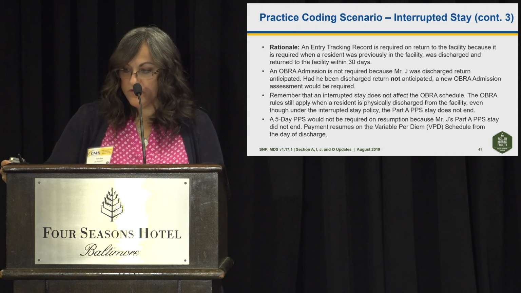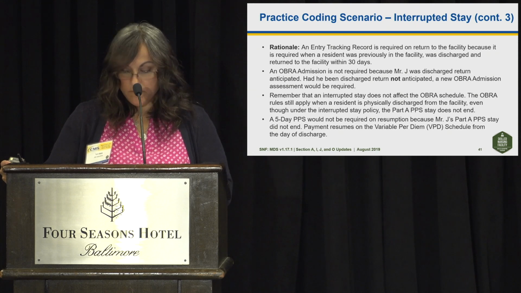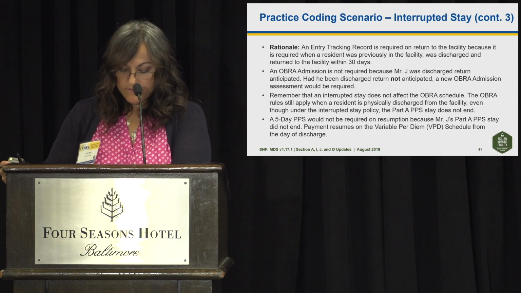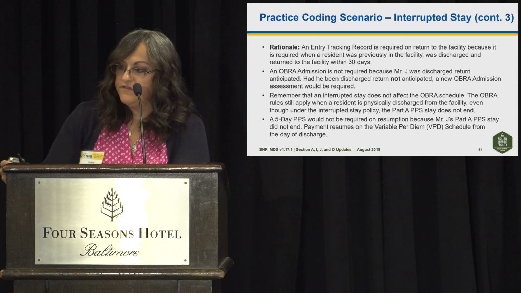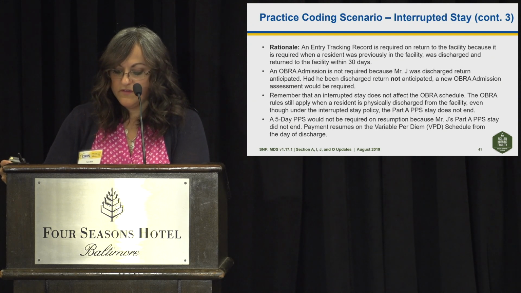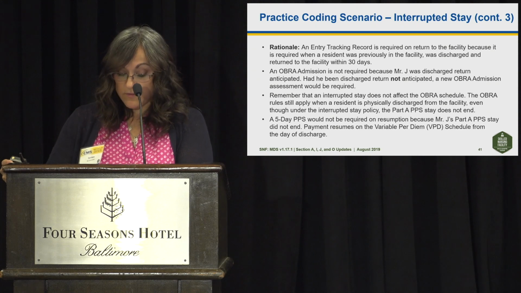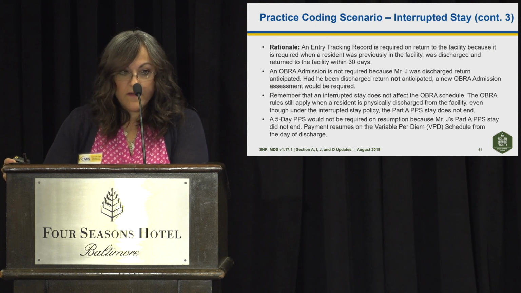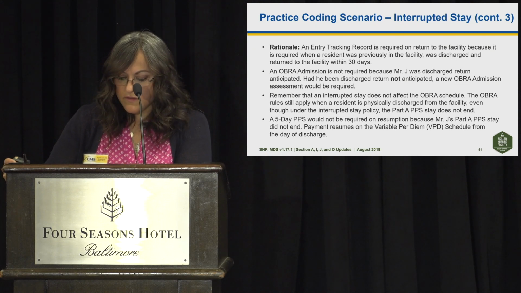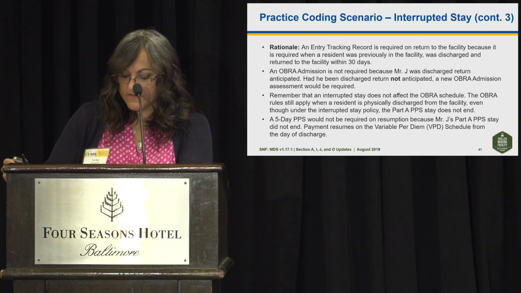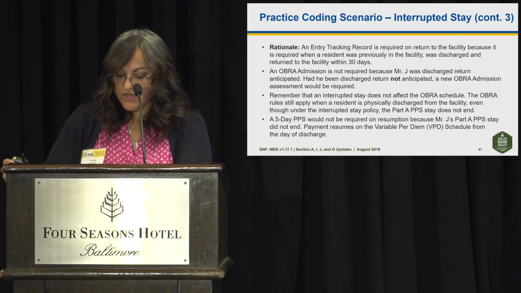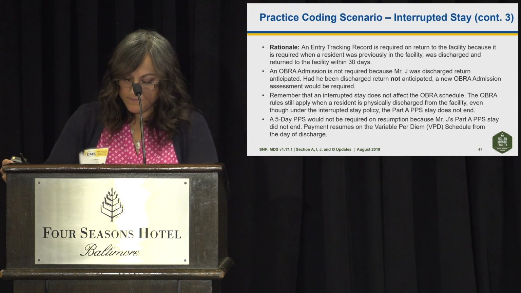Had he been discharged, return not anticipated, an OBRA admission would have been required in this situation. And then on return to the SNF, no 5-day was required because Mr. J's Part A PPS stay did not end because he was in an interrupted stay. As far as the payment, the resumption on the variable per diem schedule would come from the day of discharge, again, because the Part A stay did not end.